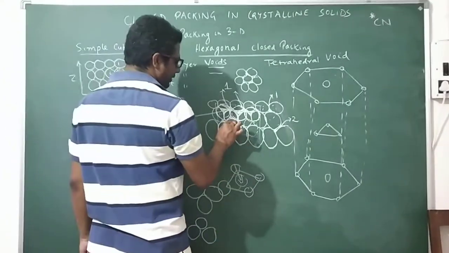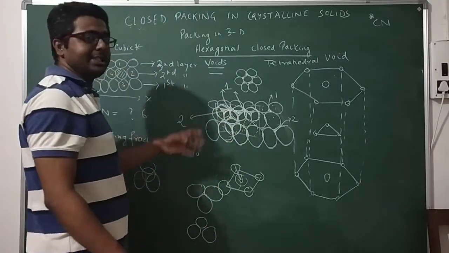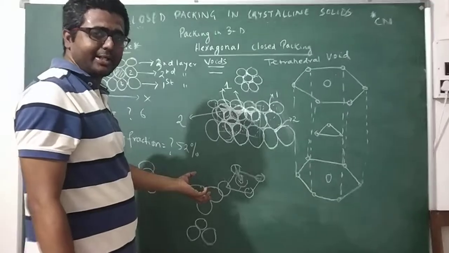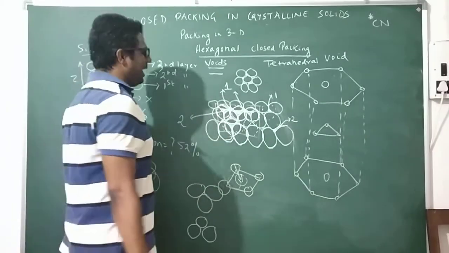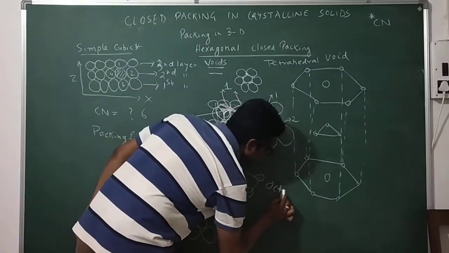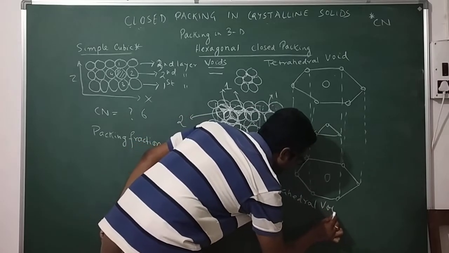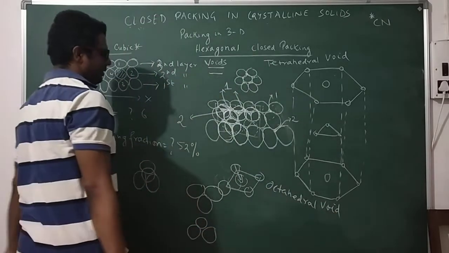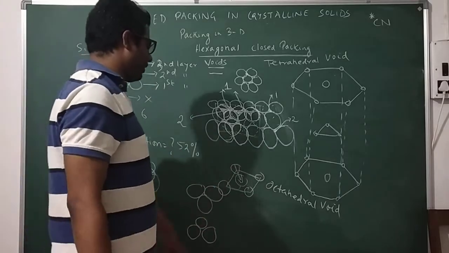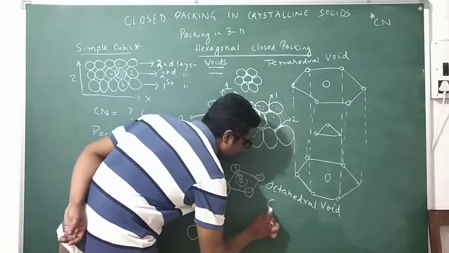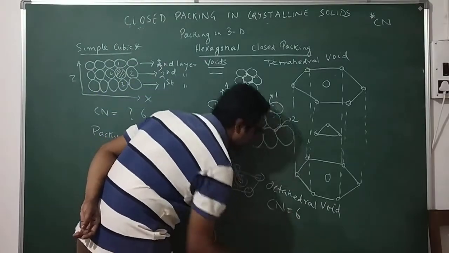That is why the void created in the second layer, which surmounts the first layer, is called octahedral void. It is surrounded by 6 atoms. That is why in case of octahedral void the coordination number is 6.